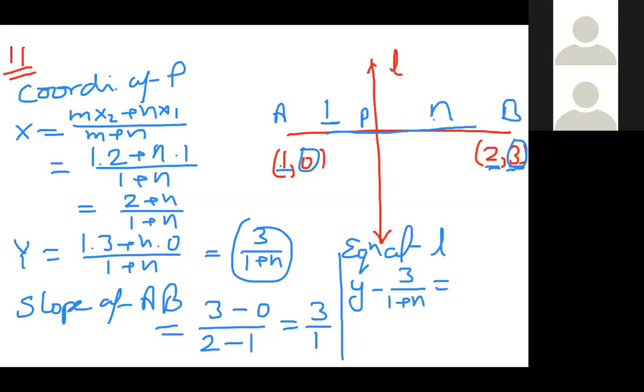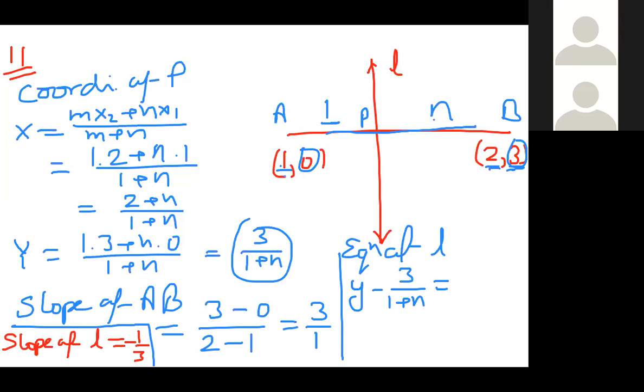The slope of line L, being the perpendicular line, will be minus 1 upon the slope of the other line, that is 3.